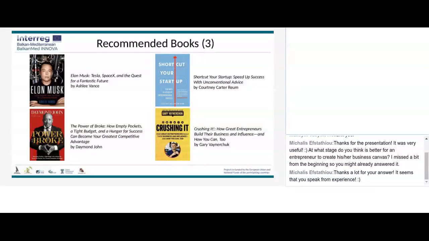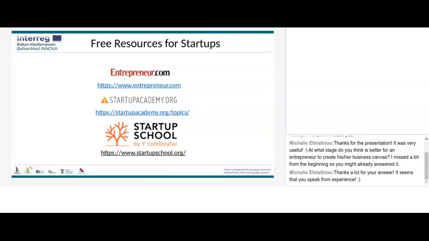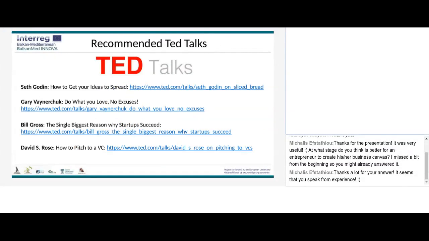And we also have the Elon Musk biography by Ashlee Vance, Shortcut Your Startup by Courtney Carter and Carter Realm, The Power of Broke by Daymond John, and Crushing It by Gary Vaynerchuk. You can also follow these websites, which have plenty of free resources for startups: entrepreneur.com, startupacademy.org, and Startup School, of course.